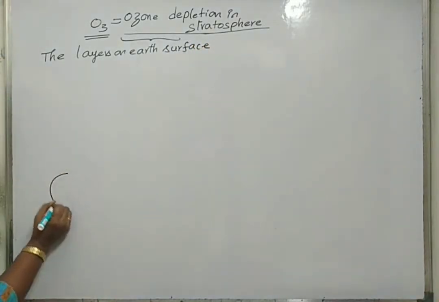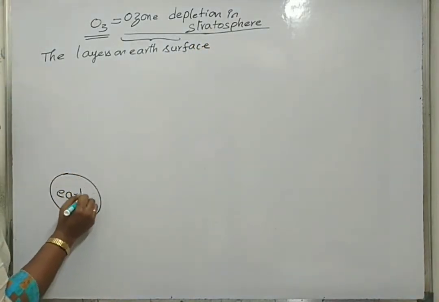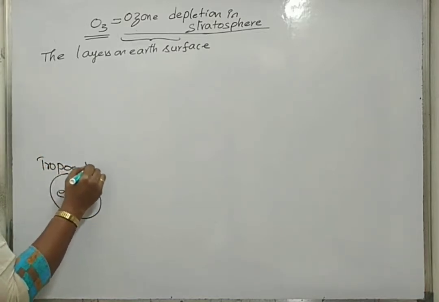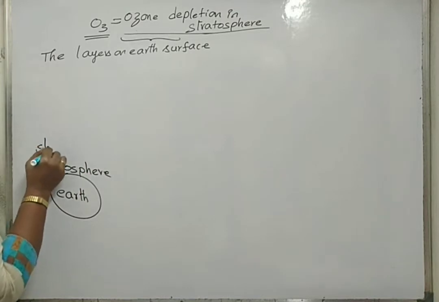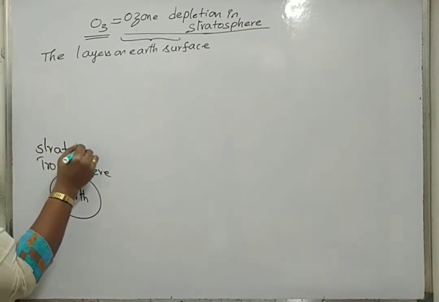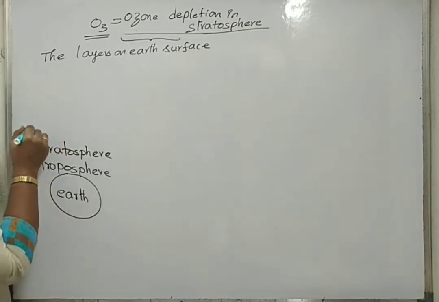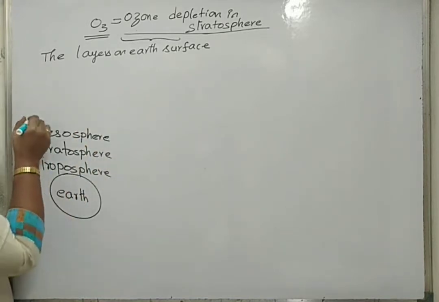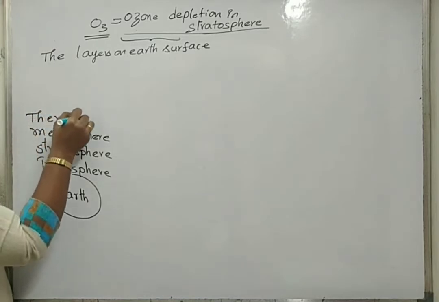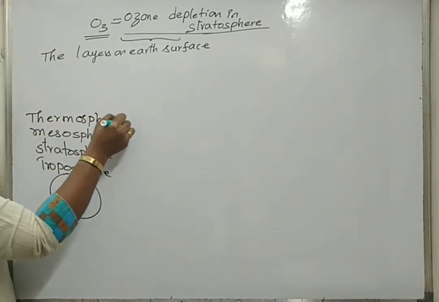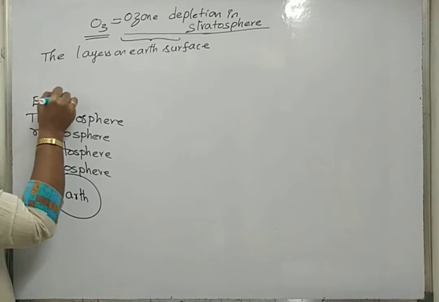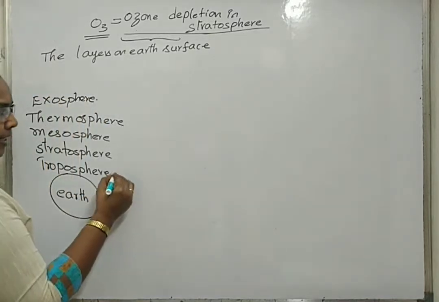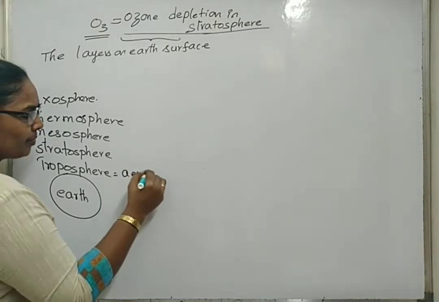So if this is the earth, first one will be the troposphere. Next is the stratosphere. Next is the mesosphere. Next is the thermosphere. Next is the exosphere. The troposphere is the layer where aeroplanes move.